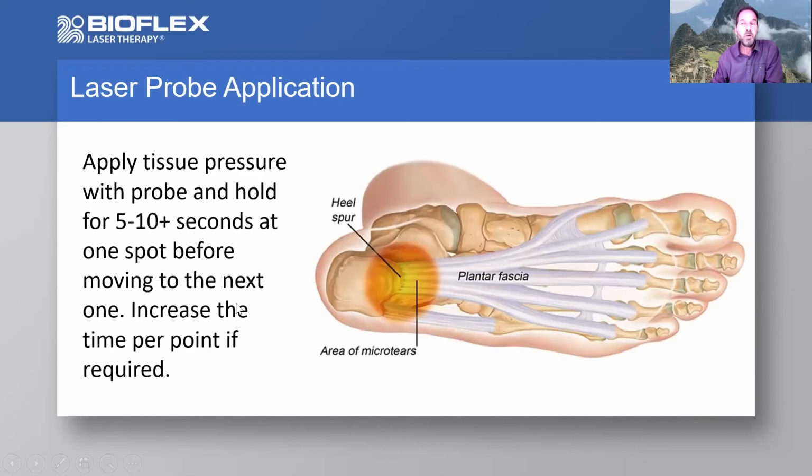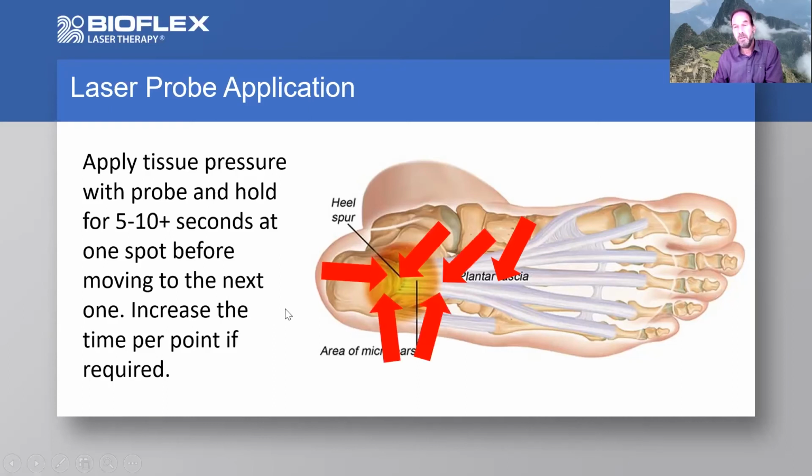You're going to start by holding the probe maybe 5 to 10 seconds initially per point. And you're going to obviously treat around the medial calcaneal spur, around the aponeurosis origin, along the medial area of the longitudinal arch, any tender points, that kind of thing as well.